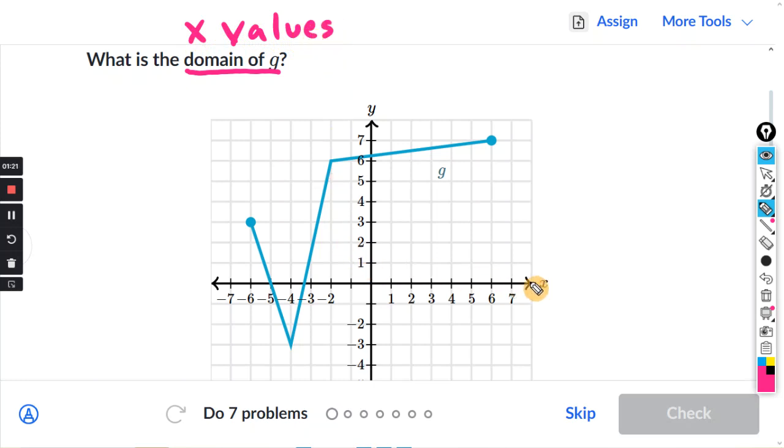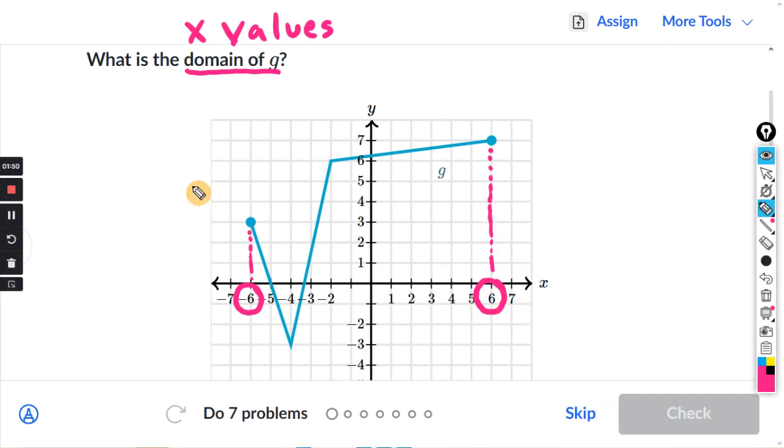So this is the x-axis, and we see the one on the left, the minimum x value is right here at -6. And the graph is continuous. That just means you can draw it without lifting your pen. And the maximum value is right here at +6.